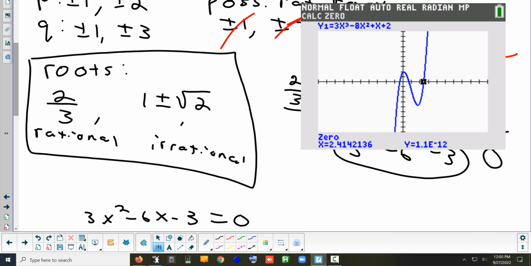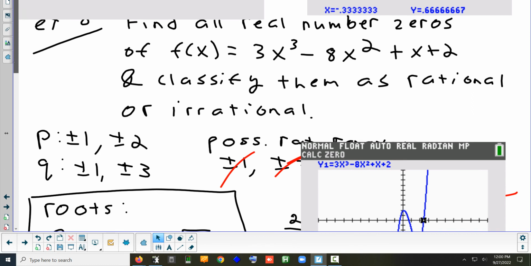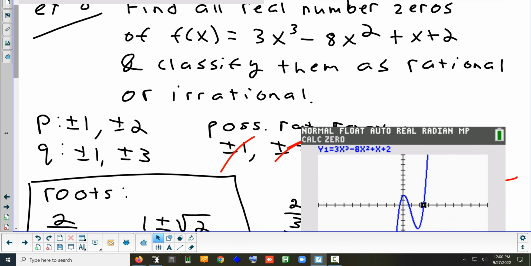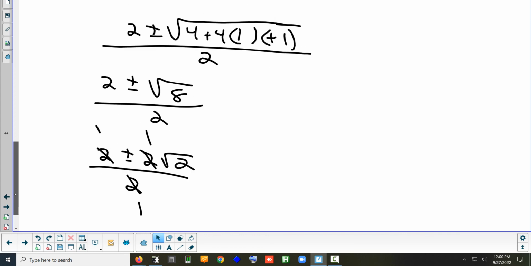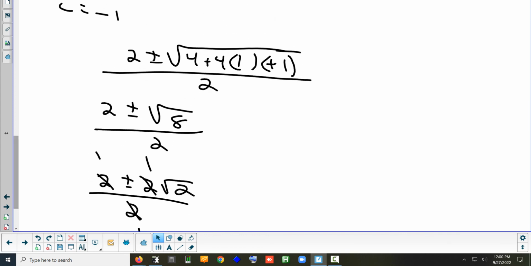3 roots. Oh, can I just see the beginning of how you found the irrational? Yeah. So we listed the p's and the q's. Or like how you found 1 plus or minus square root. Oh, for the quadratic formula? That came from this. Okay.